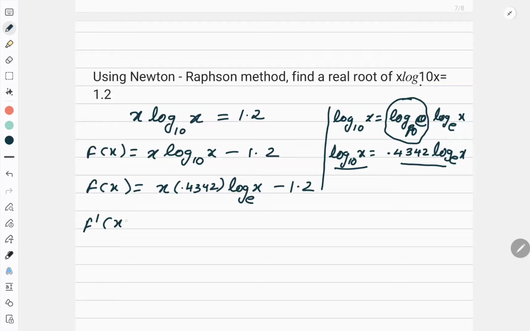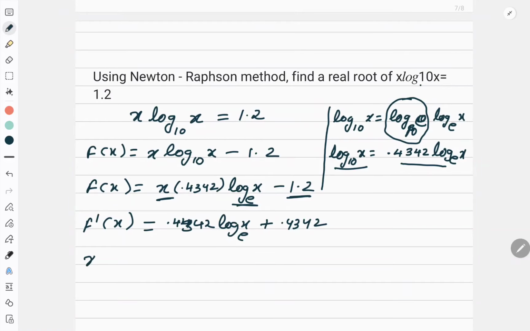What is f dash x then? Now apply the product rule here. This is a constant. Differentiation of x is 1. So 0.4342 log x, plus 0.4342. Differentiation of log x is 1 by x, into x is 1, and differentiation of 1.2 is 0.